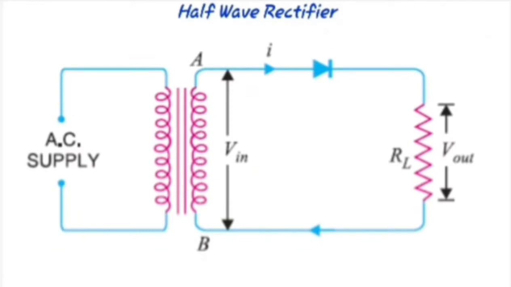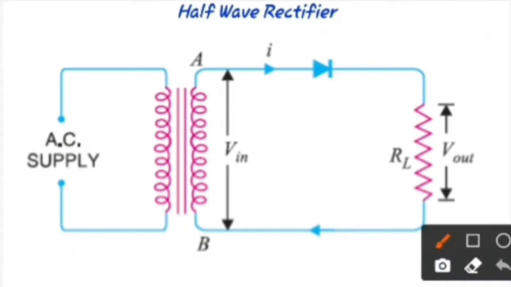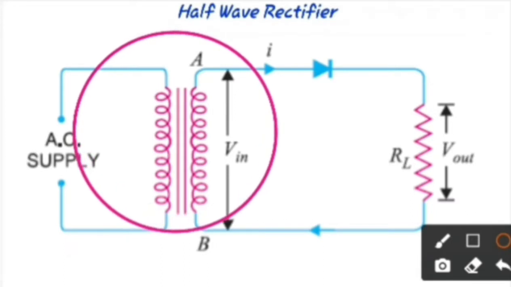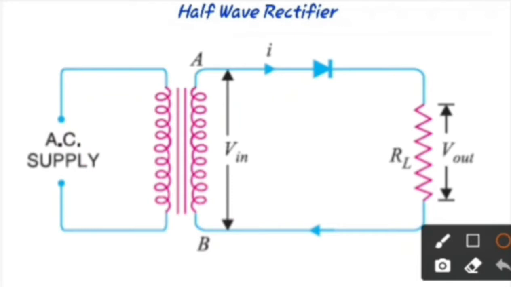If we see in this diagram, some AC supply, that is input, is given to a transformer. We can see that the pink part in this diagram denotes a transformer. Then on the secondary coil of that transformer we see A and B are the two points.